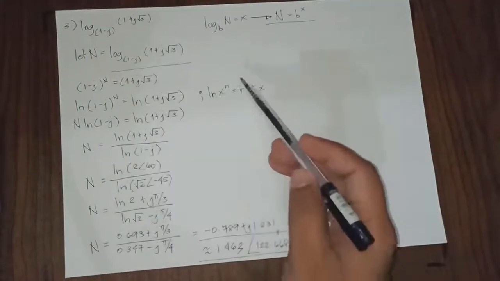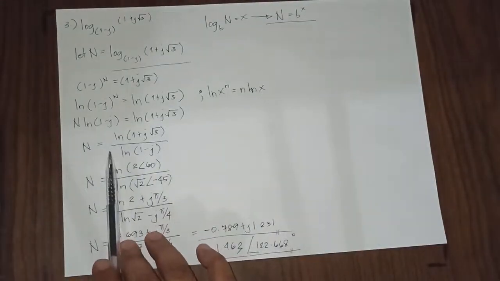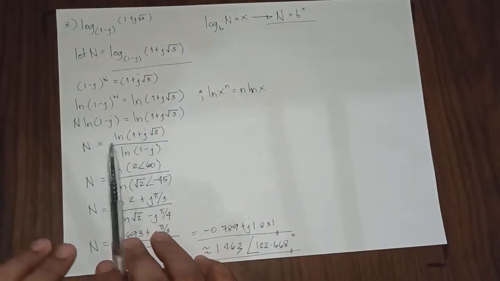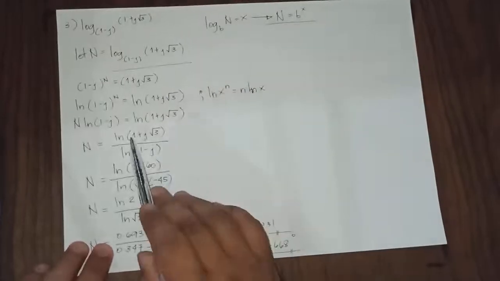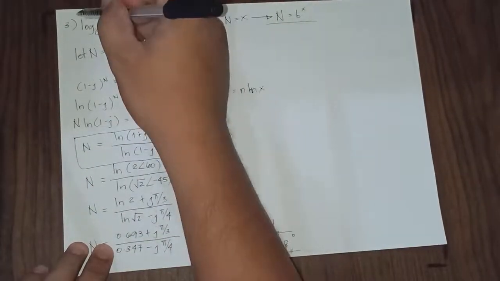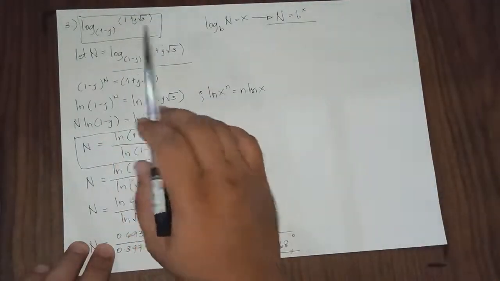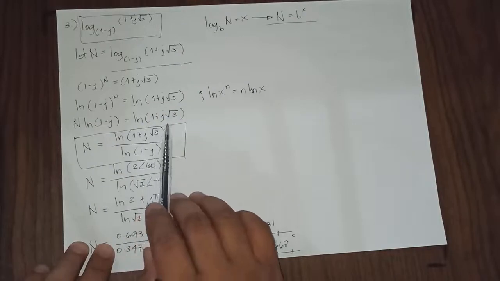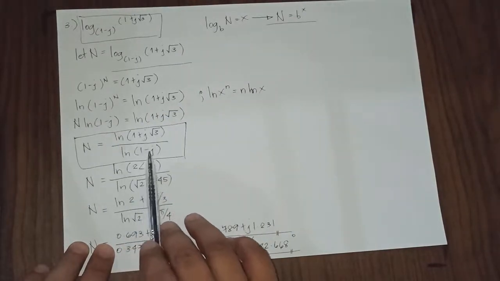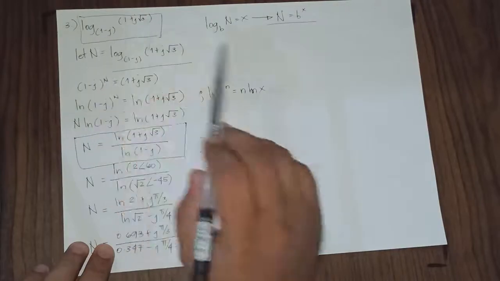Ang ipinakita ko lang kasi sa inyo is kung paano tayo nag-come up sa ganito. Kasi itatanong ninyo sa akin, sir, paano ba kayo nag-come up sa ganyan? Paano naging ln 1 plus j the square root of 3 over ln 1 minus j from log of base 1 minus j.